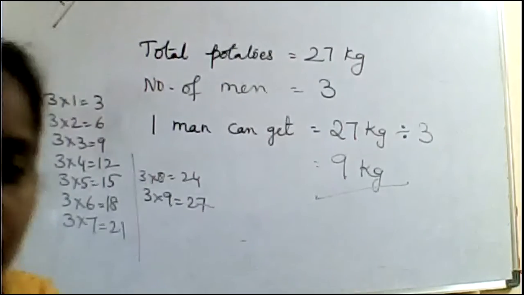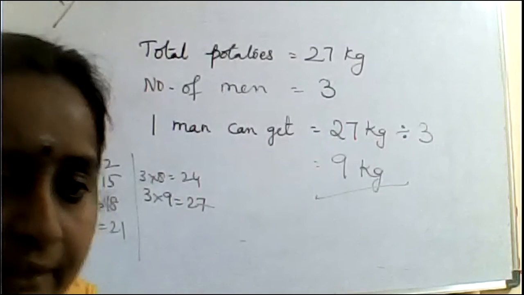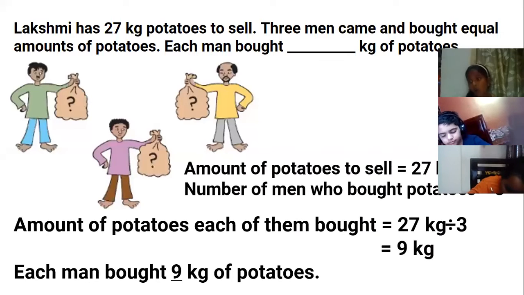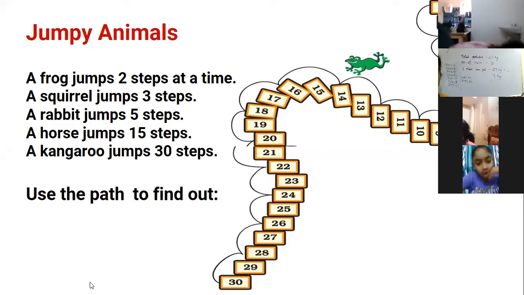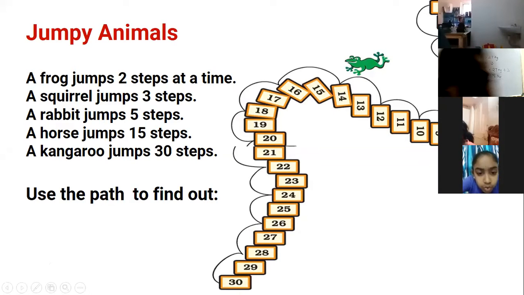Each man will get 9 kg of potato. Ma'am, it is not 9 kg grams, it is kilograms. Kg is the short form of kilogram.